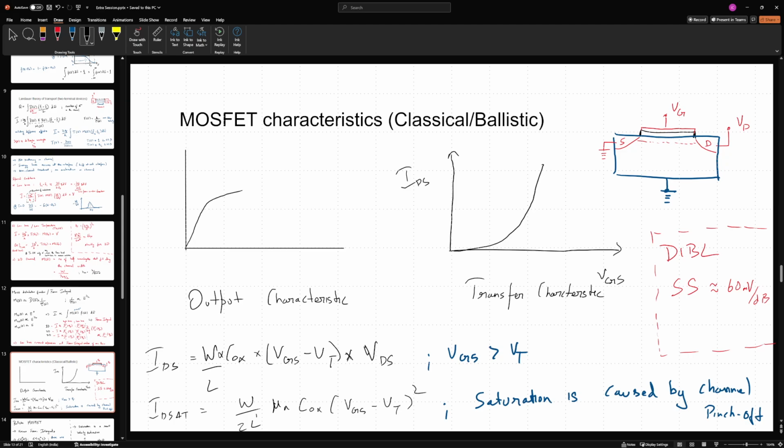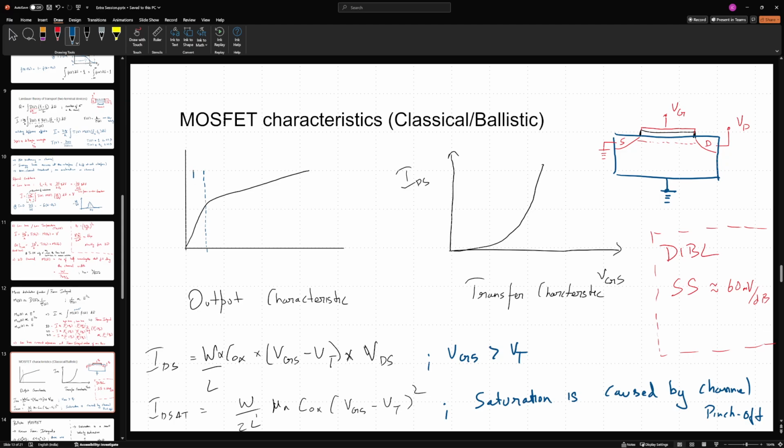Slowly I'll break out of that and I will have an eventual saturation. So this will allow me to demarcate the regions slightly better.